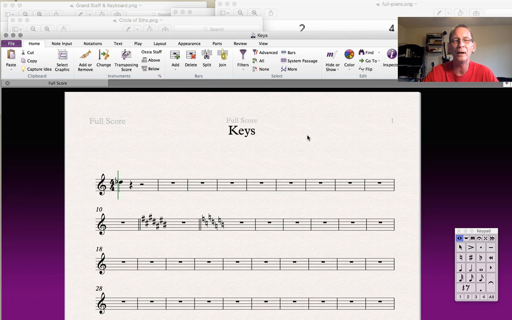Become very familiar with the keys, how they're created, how to find them, what their purpose is, how to use them, and how to know when things change as the score moves along, with new keys being added, or sharps and flats that aren't in the key, or things being naturaled, or how they get back into key by re-sharping after they've naturaled it, so that the reader knows they've gone back to key.